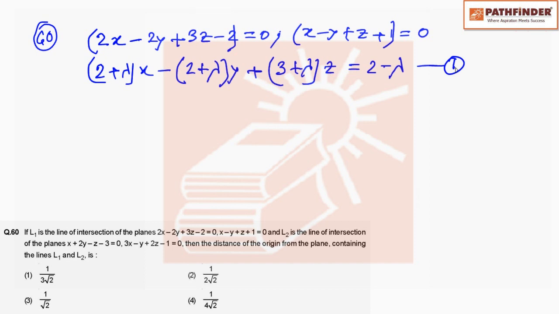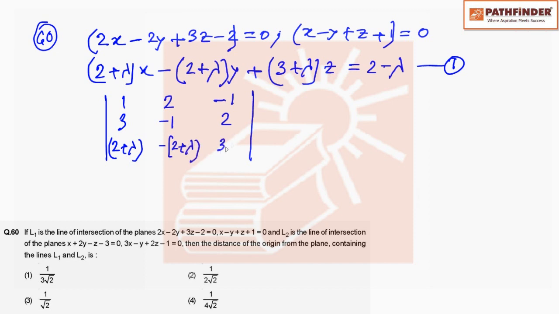Now this plane and the remaining two planes, x plus 2y minus z, then 3x minus y plus 2z, and 2 plus lambda, minus of 2 plus lambda and 3 plus lambda, are all coplanar.